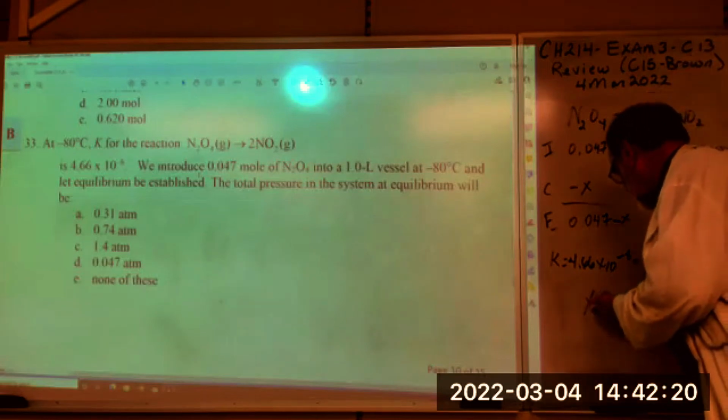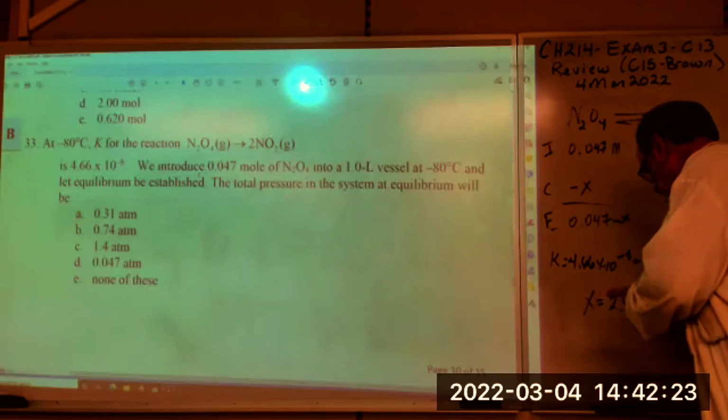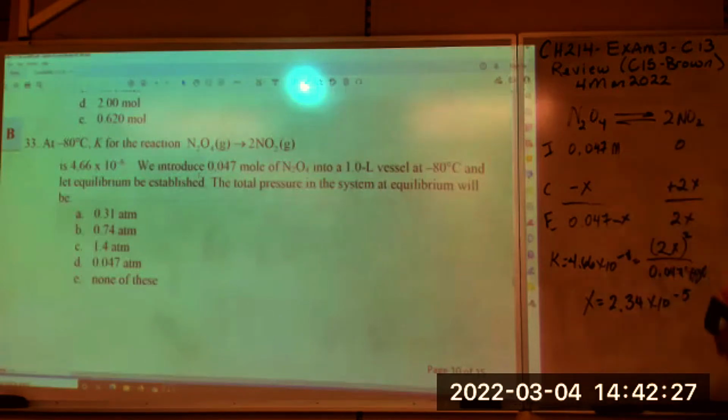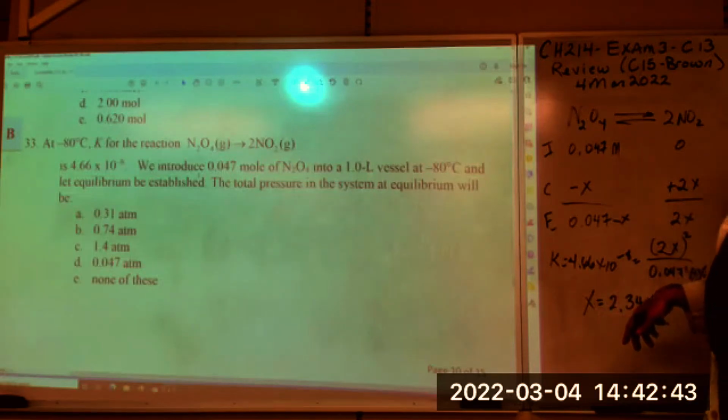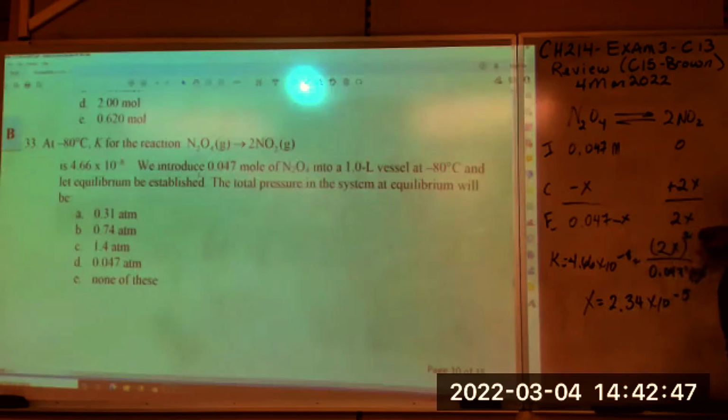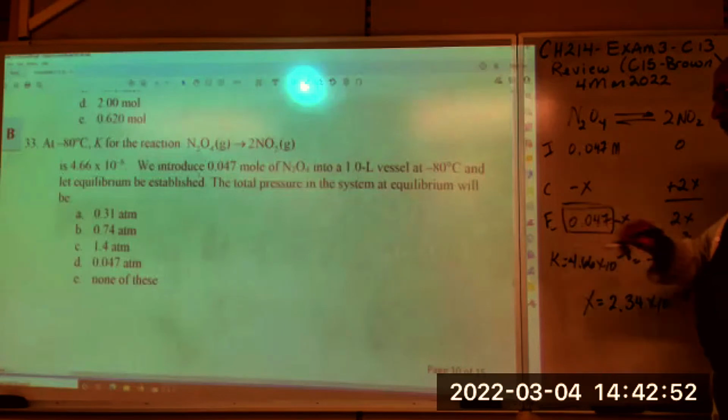So x, I calculate, is 2.34 times 10 to the minus 5. Okay, so what that tells me is this value is going to contribute practically nothing to the final moles of gas.